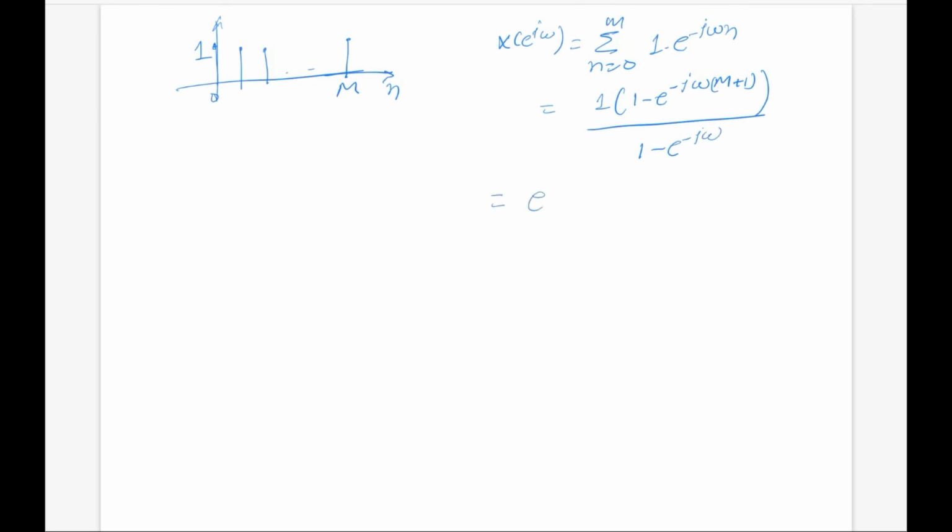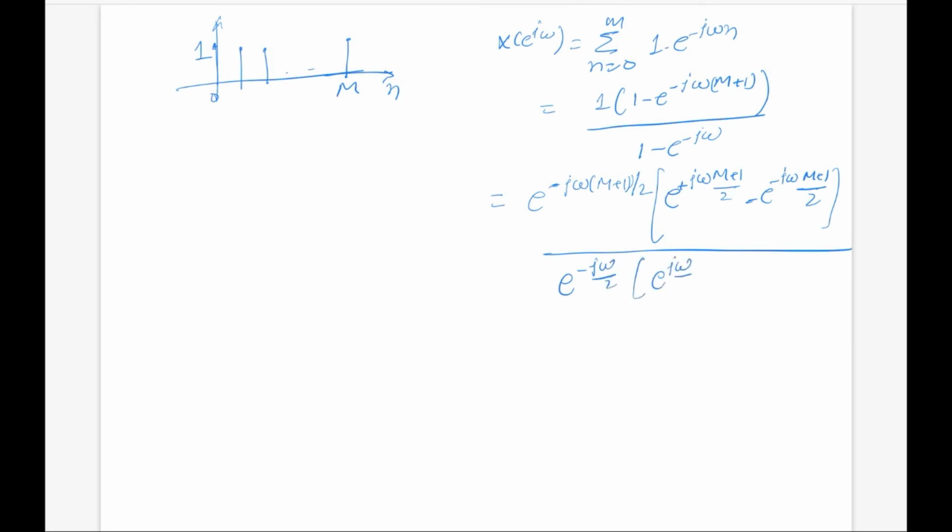Take e to the minus jω(M+1)/2 common. It will be e to the plus jω(M+1)/2 minus e to the minus jω(M+1)/2, divided by, taking e to the minus jω/2 common from the denominator, e to the jω/2 minus e to the minus jω/2.